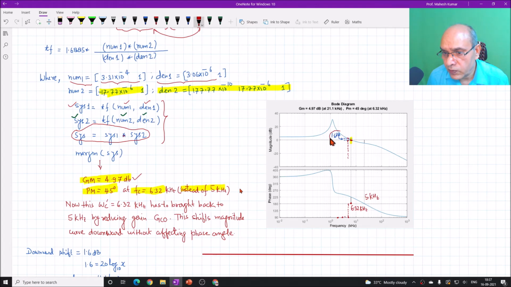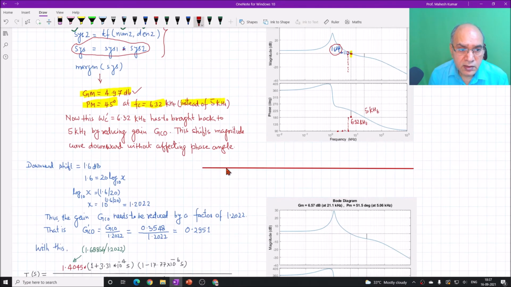So you can see here, if I have a downward shift of this graph by 1.6 decibel, then I will get the new gain crossover frequency at 5 kHz. So I have to shift this curve by this amount, that is 1.6 decibel.